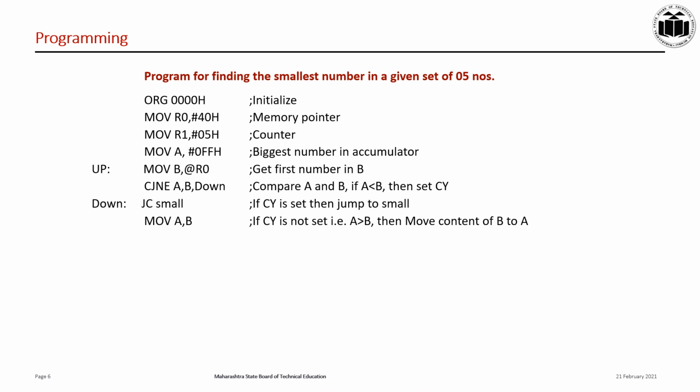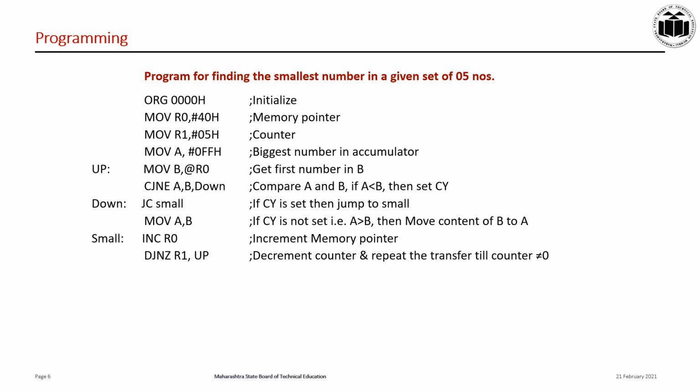So we will move the smaller number into the accumulator by using the instruction MOV A, B. Then increment the memory pointer for the next comparison, decrement the counter, and repeat the comparison till the counter is equal to 0. This is done by using the instruction DJNZ R7, up.